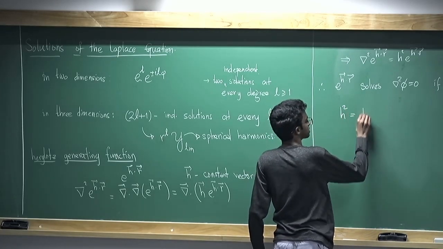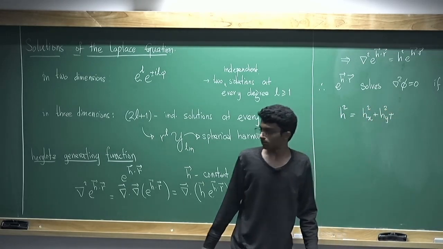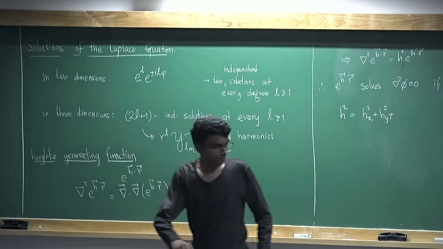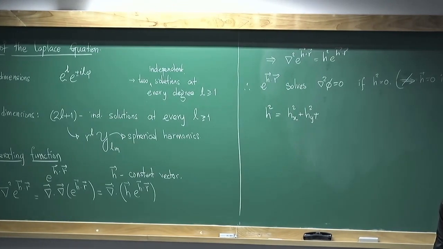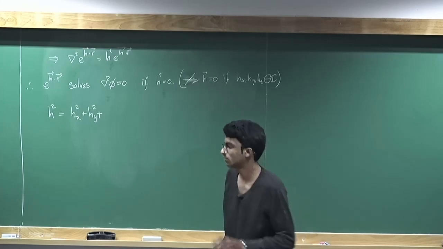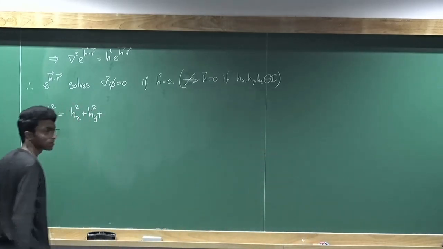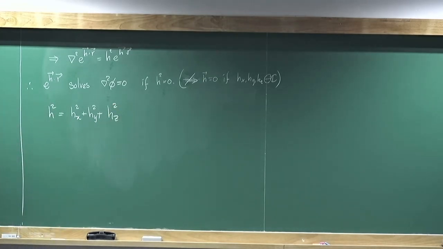Now note that h squared is just hx squared plus hy squared plus hz squared, right?